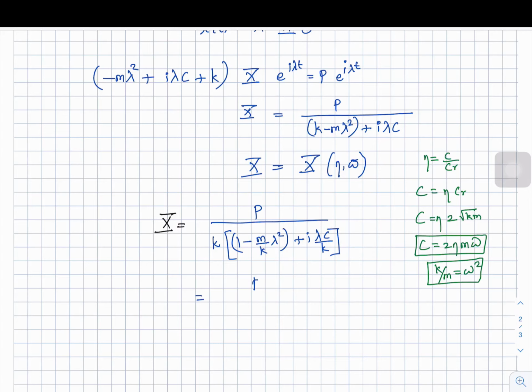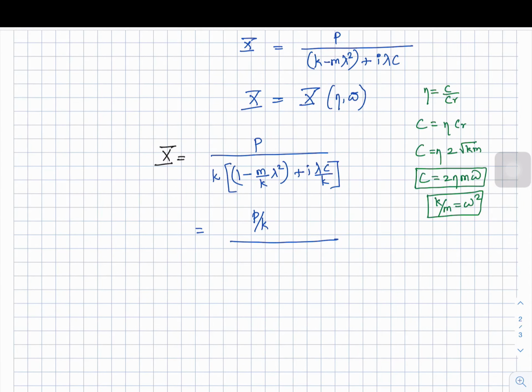So we can write P by k into 1 minus m by k, which becomes omega square, and plus lambda c by k.